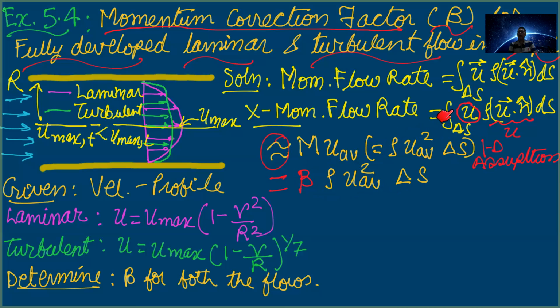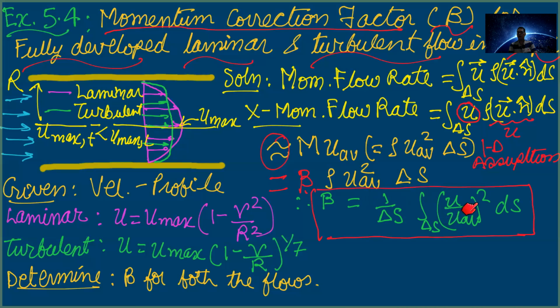Beta will come out to be the integral of u square divided by u average square dS, and you will also get 1 by delta S. Beta will be 1 by delta S integral of small u divided by u average, whole square, dS.